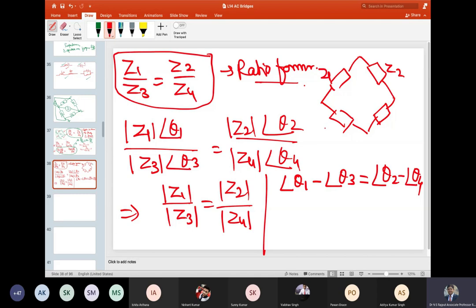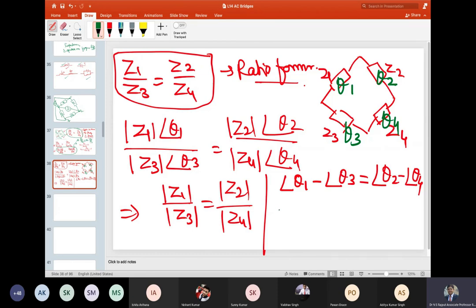Z1, Z2, Z3, Z4. So this is theta 1 and your theta 3. If you subtract these two, and this is theta 2 and theta 4. So the difference between these two consecutive arms, the phasor angle, should be equal.